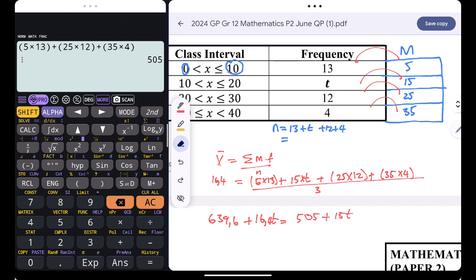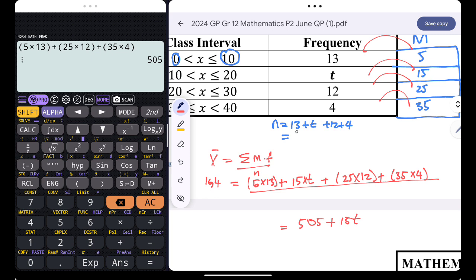The number of elements is not 39. 13 plus 12 is 25. 25 plus 4 is 29. So 29 plus t is the total number of people. So I just need to say 29 plus t over there. And then I'll obviously cross multiply, 29 plus t multiplied by 16.4.